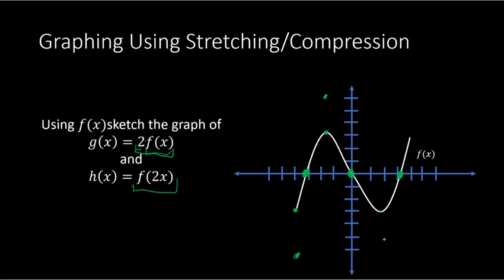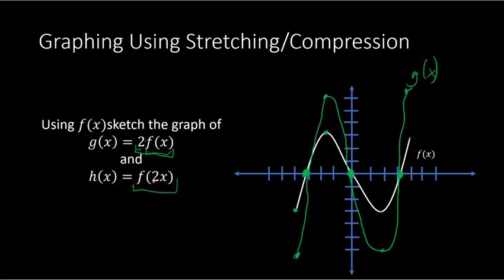Same thing with this point. It's going to come down to here. And then this point is going to go up to here with the other one. So we can connect the dots. The new graph is going to go something like this. All right, so this would be your new graph for g of x, your 2 times f of x.